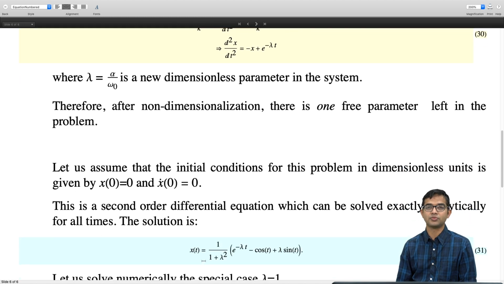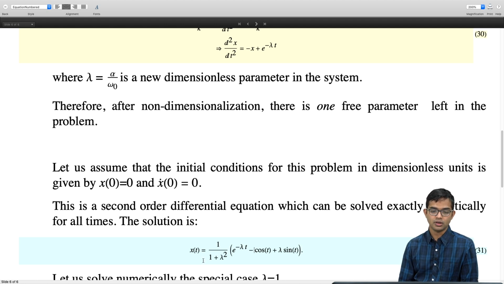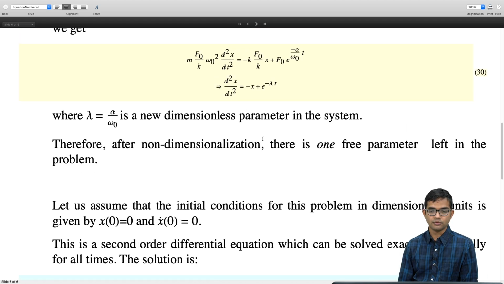It's just going to give you x of t equal to 0. But if you try out, so this is an exercise for you guys, right? I want you to check the limit of lambda going to infinity and see that it will reduce to a more interesting solution for the unforced problem, right?